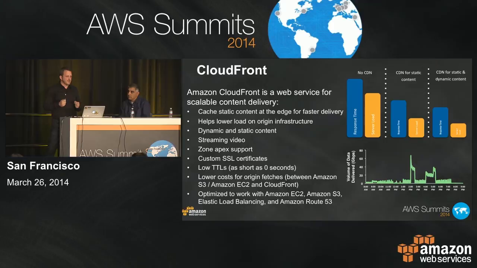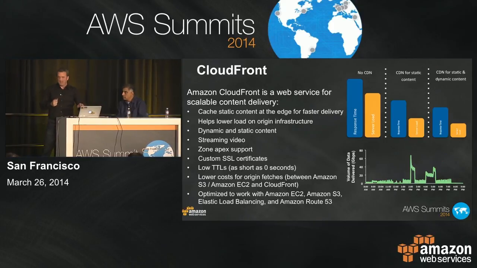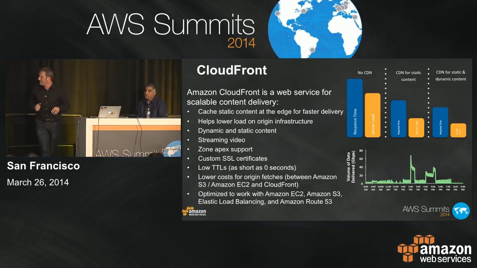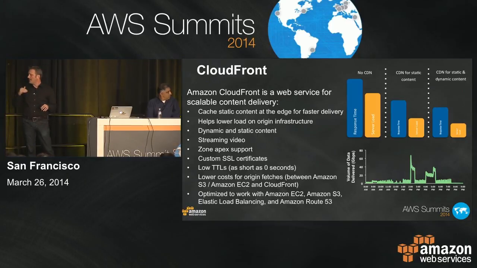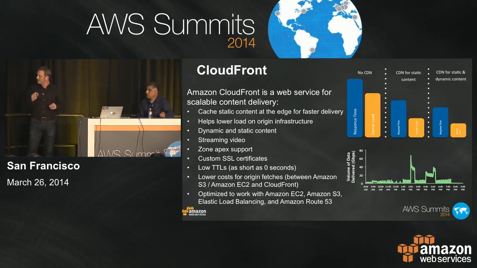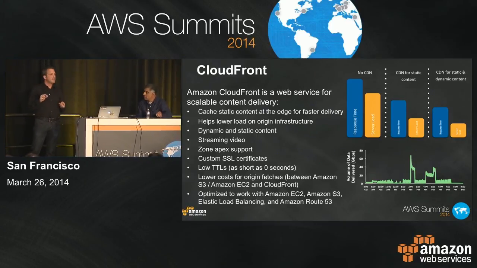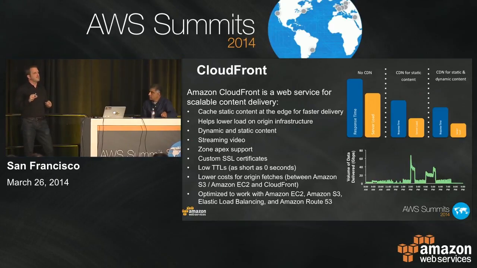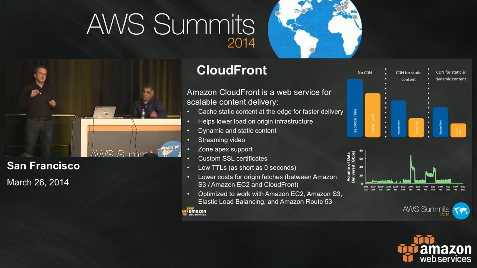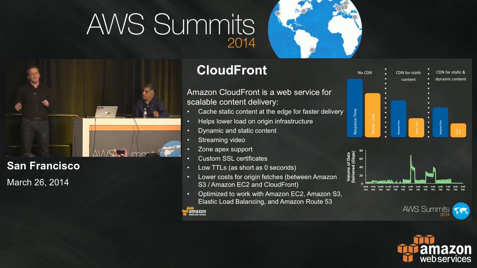Just to give you a sense of some of the scale, on the bottom right pie chart, sorry for that, there's a little chart there, and it goes from about 1 or 2 gigabits per second around an application that was being offered up through CloudFront to 60 gigabits per second in a matter of minutes, and then back down.